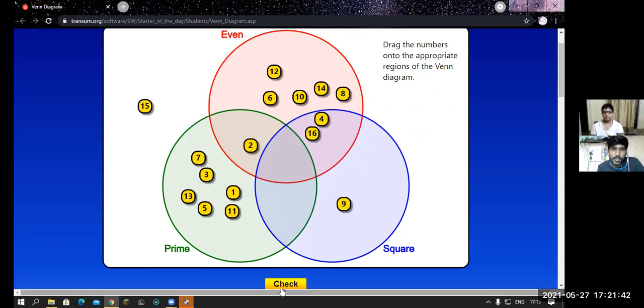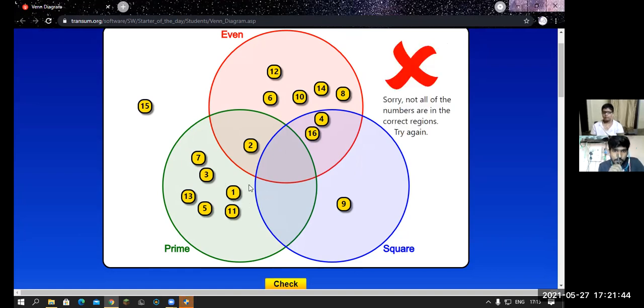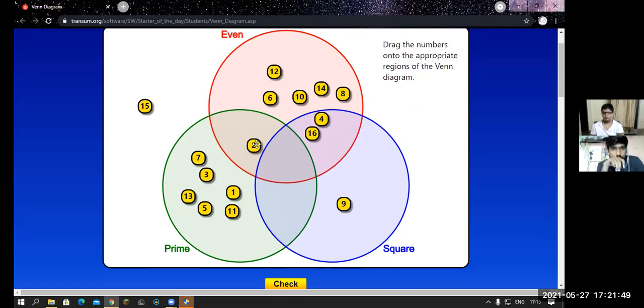Put it only in prime, okay. No, 2 won't come there. 2 is in square.